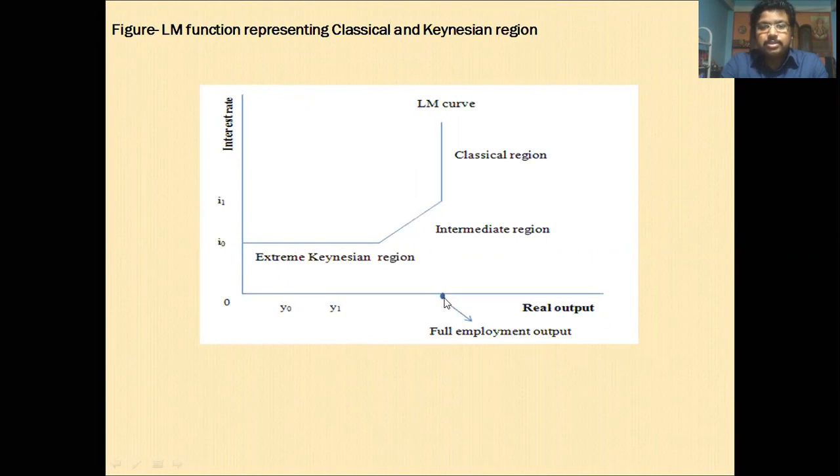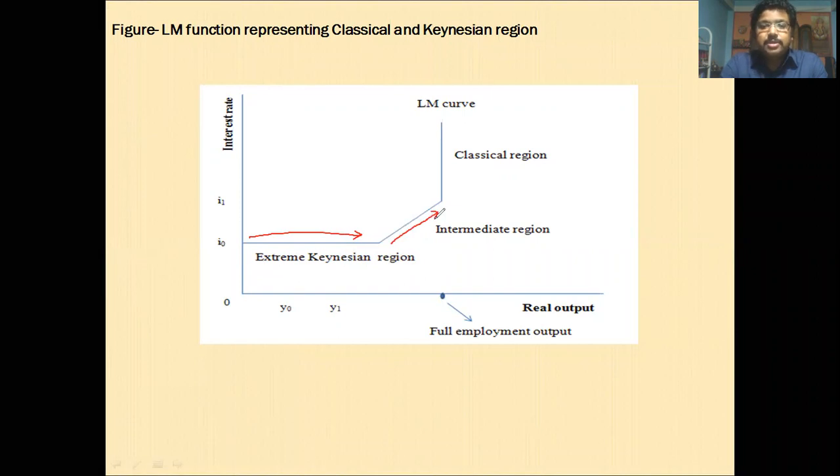This is the full employment output, and this is the extreme Keynesian region, where price is fixed but output increases. And this is the intermediate region.